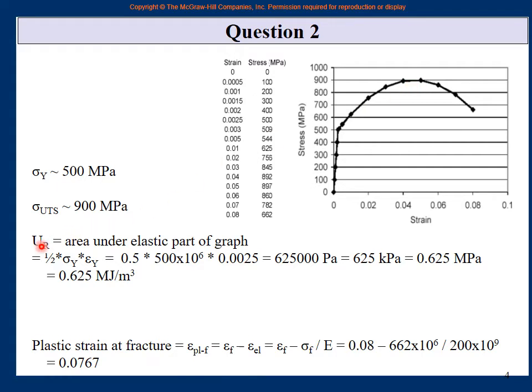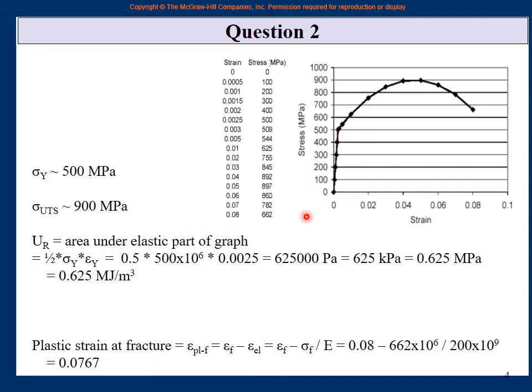Now modulus of resilience is area under the elastic part of the graph. Remember, right? Area under the elastic part. This elastic part is a straight line. So if you draw a vertical line here, then this triangle is the area under the elastic part of the graph. So area of the triangle.